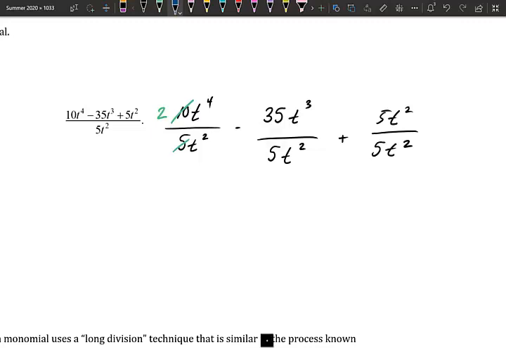We have t to the 4th and t squared, so we can only take out 2 t's. So we take out 2. 35 divided by 5 is 7. T cubed and t squared, we can only take 2 of them out, so when we take 2, we're only left with 1.